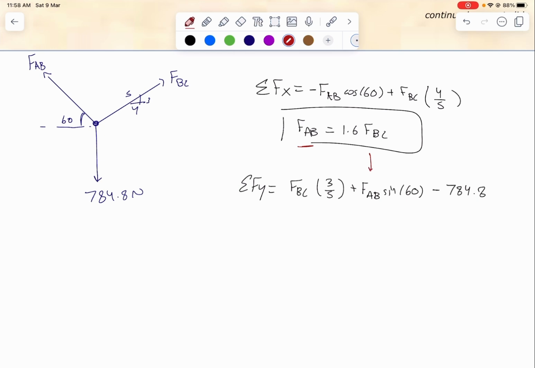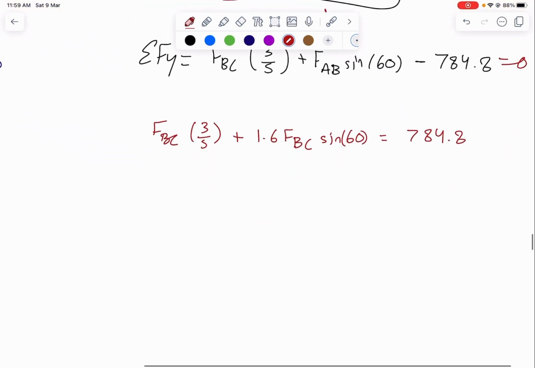Here this one is FBC 3/5 the same, and here FAB, instead of writing it like this, I will write it as 1.6 FBC times sine 60, equal to 784.8, moving it to the other side. Now, taking FBC as a common factor, we're going to be left with 3/5 plus 1.6 times sine 60, which is 1.98.